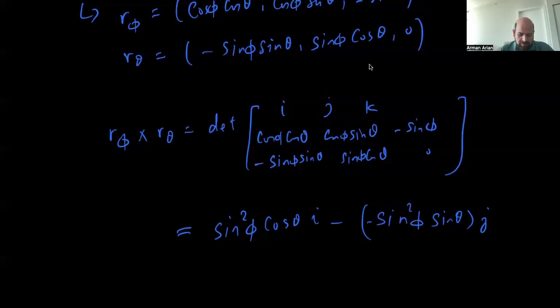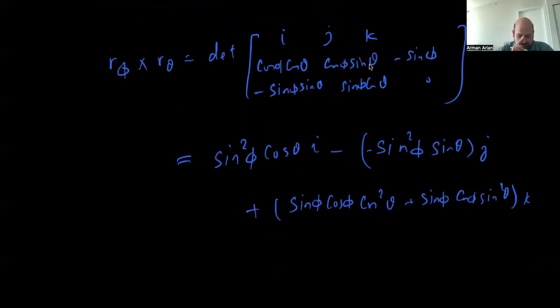And for the k coordinate, we'll have plus sine phi cos phi cos squared theta plus sine phi cos phi sine squared theta k.